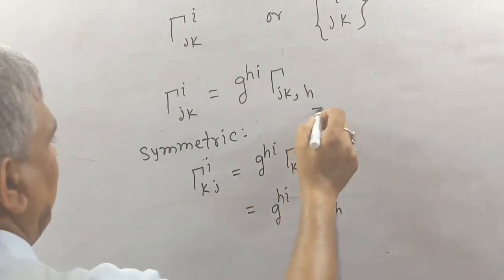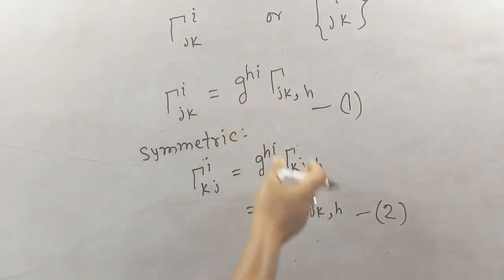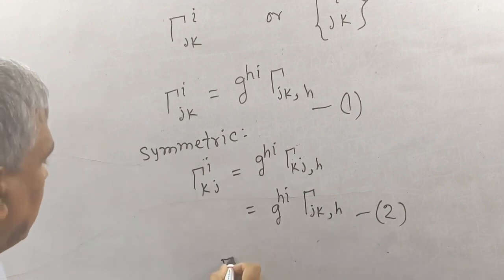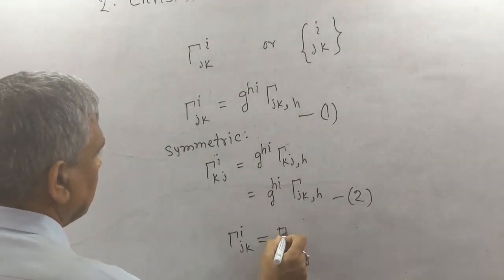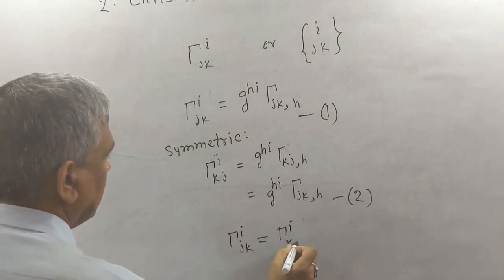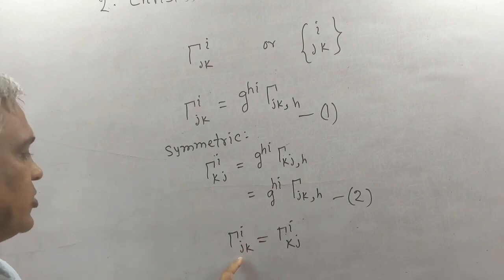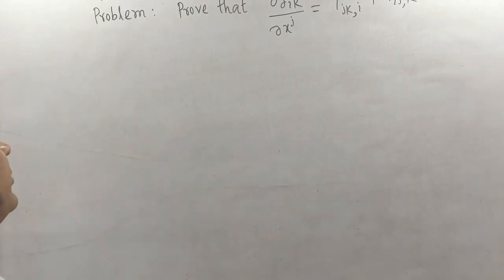So from 1 and 2, we get that the right sides are equal, so the left sides are also equal. Hence Christoffel symbol of second kind is symmetric. Here jk, here kj.